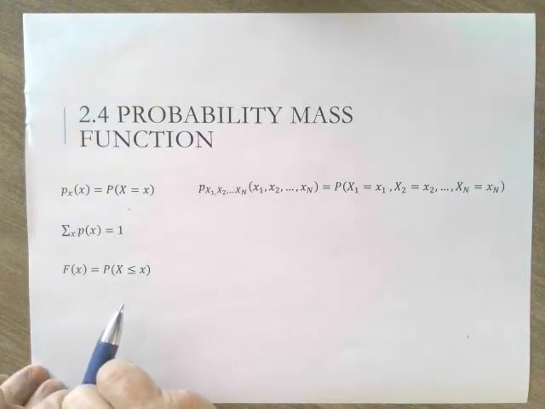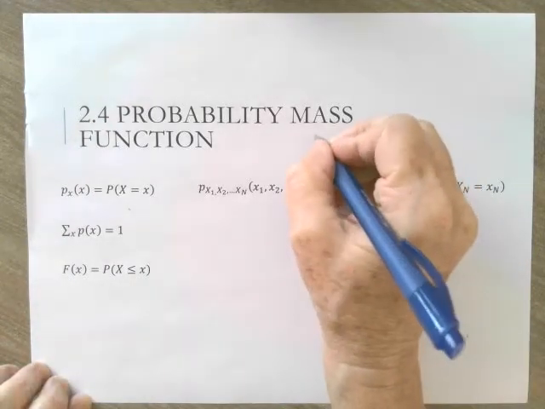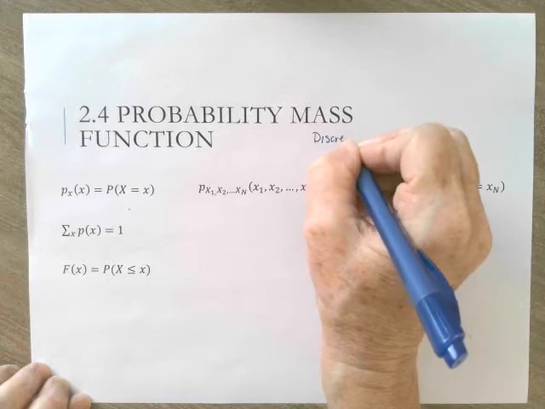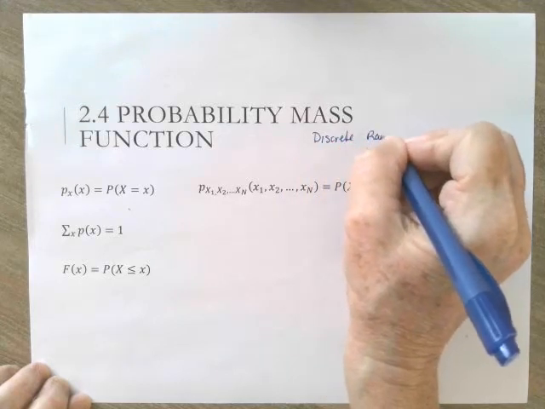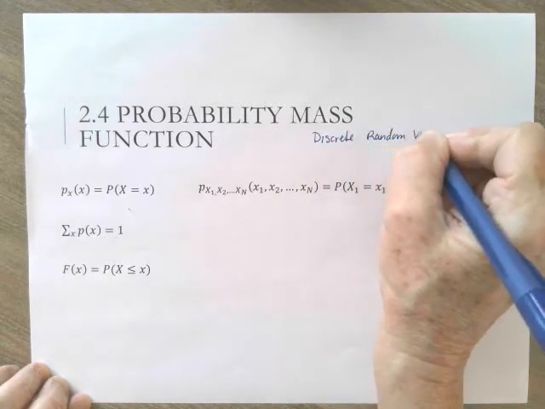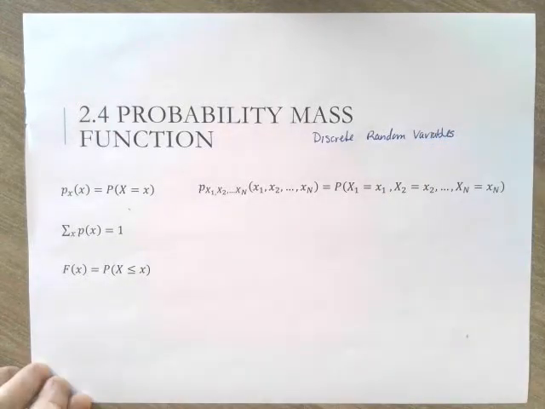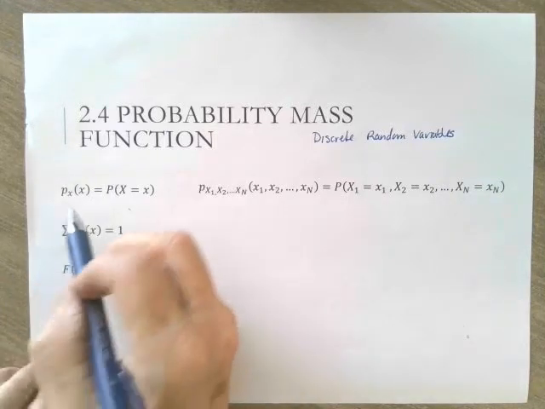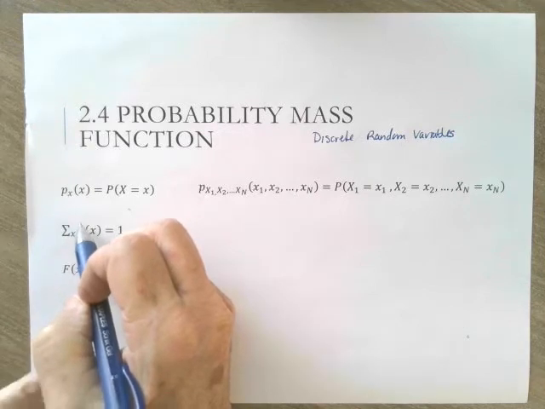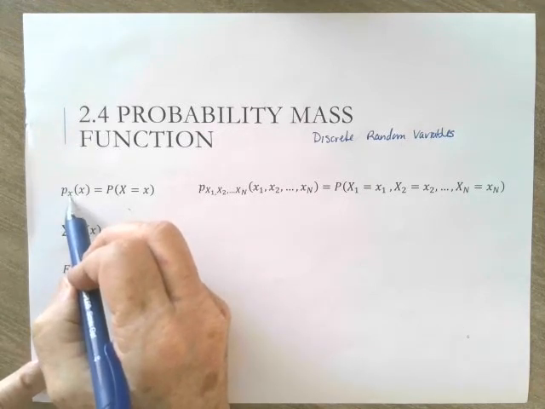So we know that a probability mass function is specific to discrete random variables. I'm going to write that down. There we go. And you'll notice that these authors tend to put, because we're often going to be working with more than one variable, to indicate that we're talking about random variable x, they will subscript it with an x here.